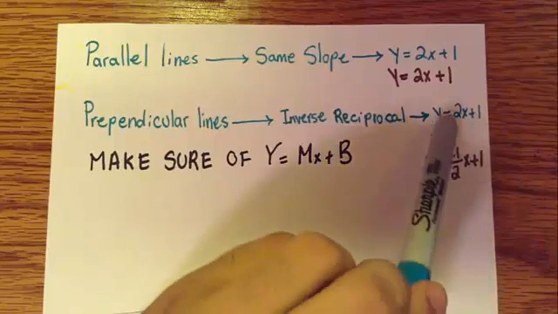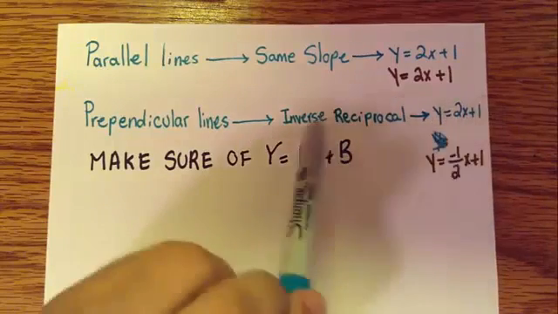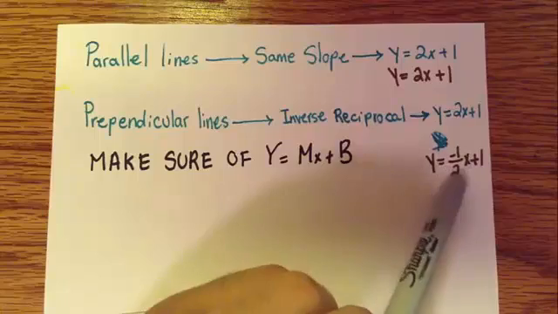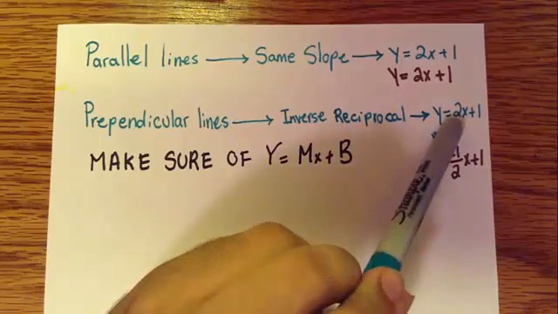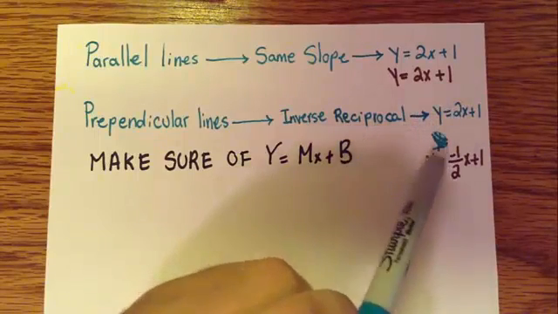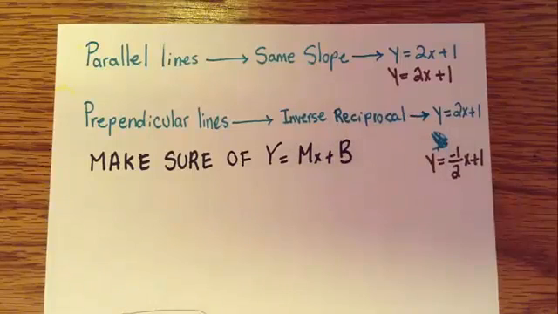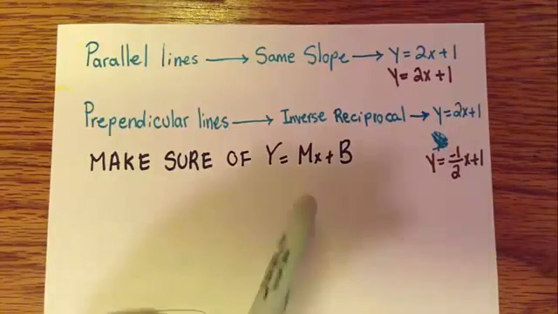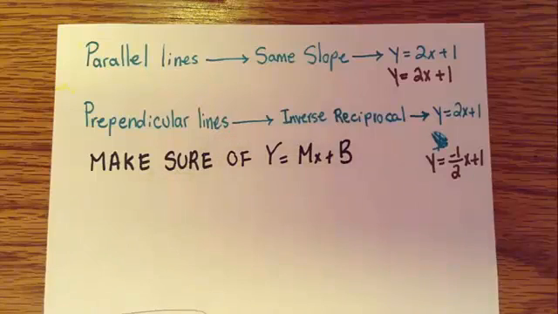So if you have y equals 2x plus 1, the inverse of 2 is just going to be 1 over 2, and then since we have positive 2, when we do the reciprocal, we're going to get negative 1 over 2. Make sure your equation follows the format y equals mx plus b. If it doesn't, then you know you have to change it. That sums up this video.